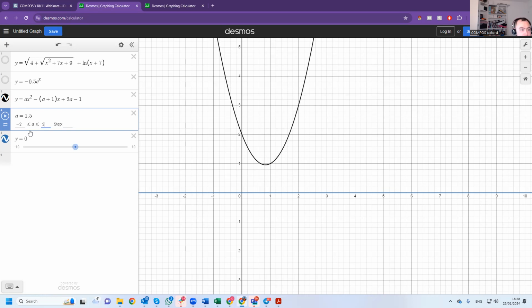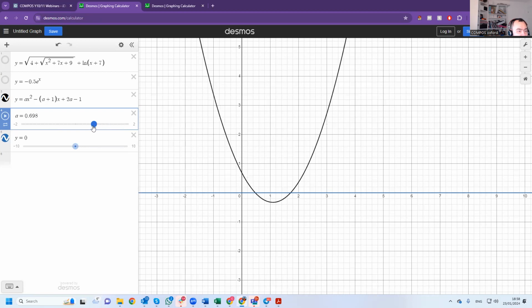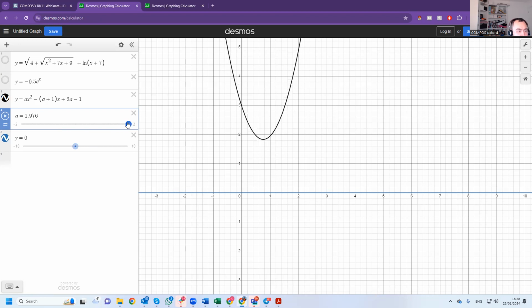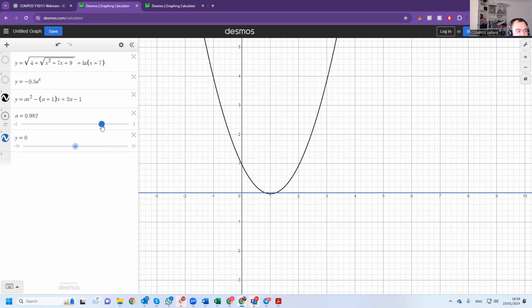So from minus 1 to 2, step 1/7. So what is 1/7? 0.142. Okay. So no solutions, no point of intersection. So we have one point of intersection when a is 1. So good enough.